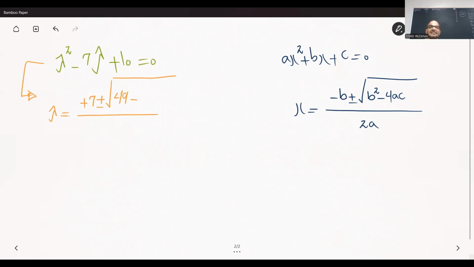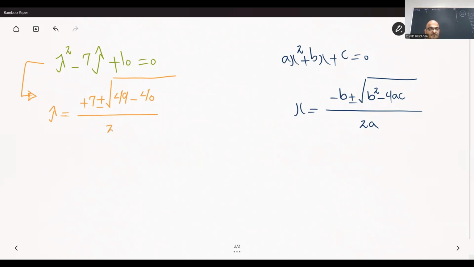How much is c? 10. 4 times 10 becomes 40. Divided by 2a. How much is a? 1. 2 times 1?